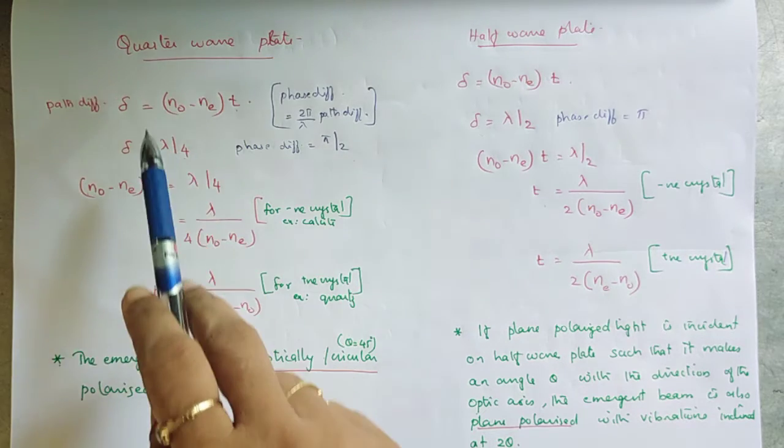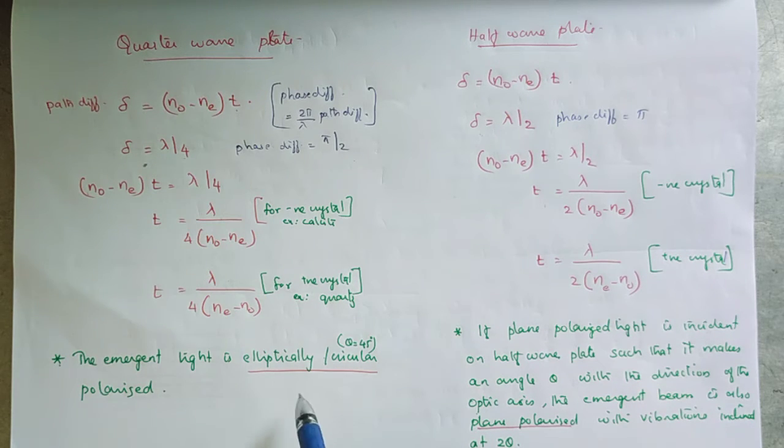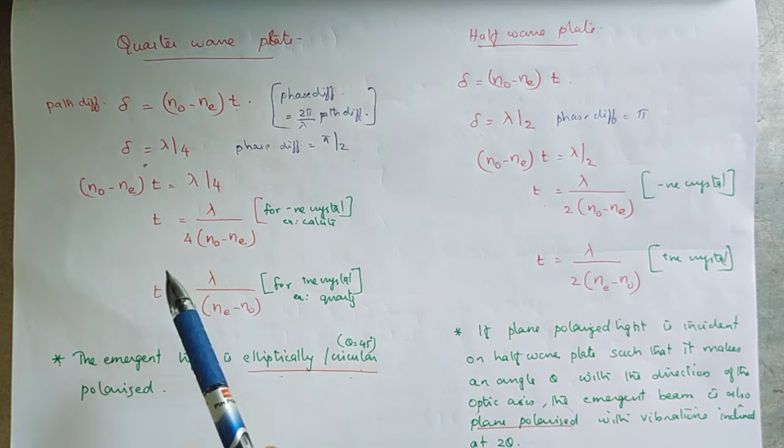By using the quarter wave plate, we can easily produce elliptically or circularly polarized light. Circularly polarized light is one special case of elliptically polarized light. By using the half wave plate, we can produce plane polarized light. And from these two equations for the thickness of the plate, we can understand that this thickness depends upon the wavelength lambda.